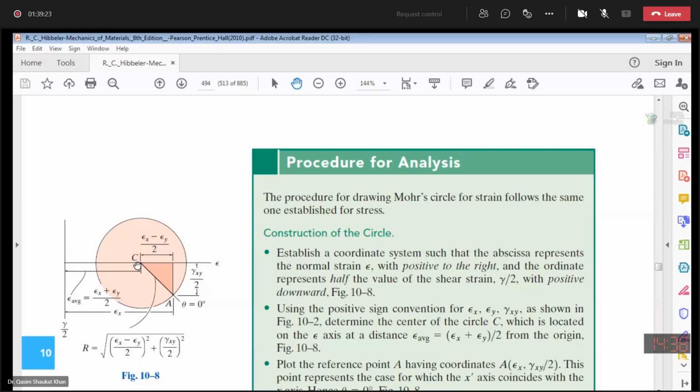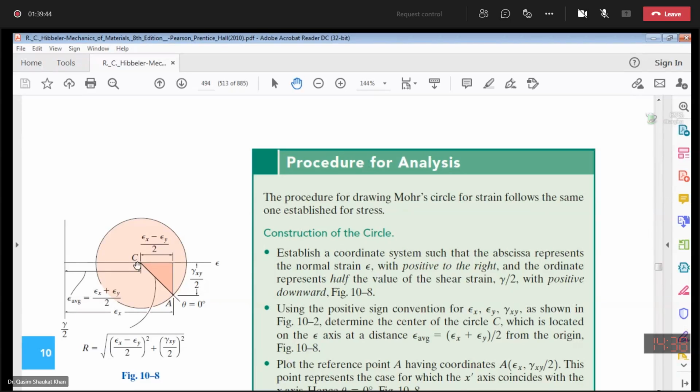Similarly here, in the case of plane strain, epsilon x dash will be equal to epsilon x, epsilon y dash will be equal to epsilon y, and gamma x dash y dash will be equal to gamma xy.